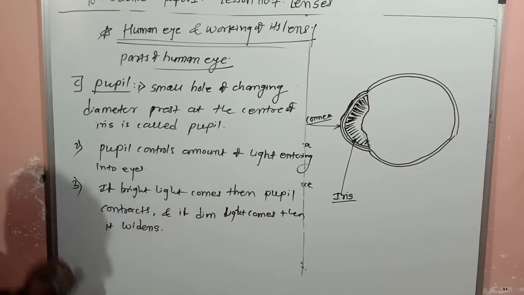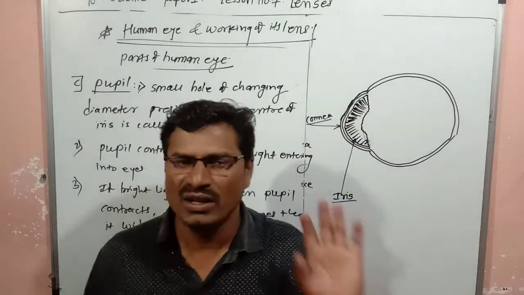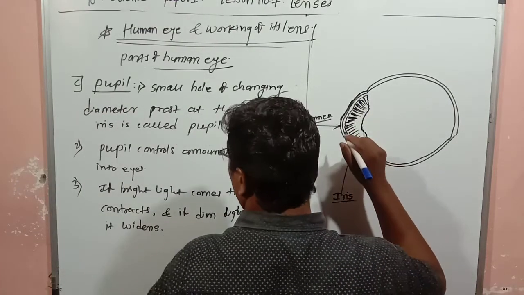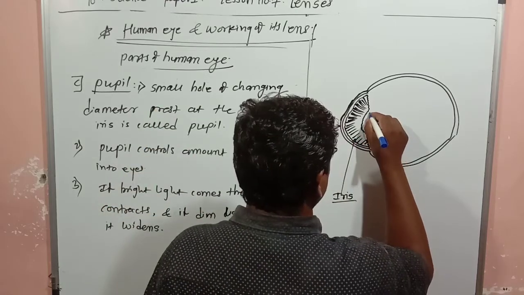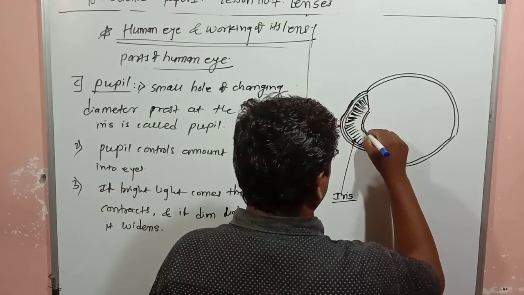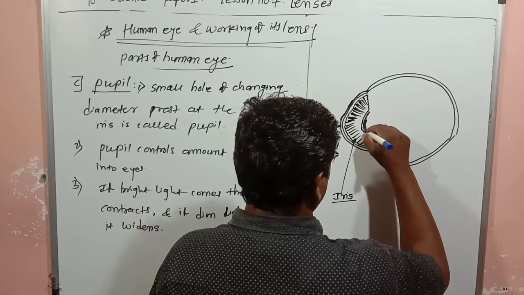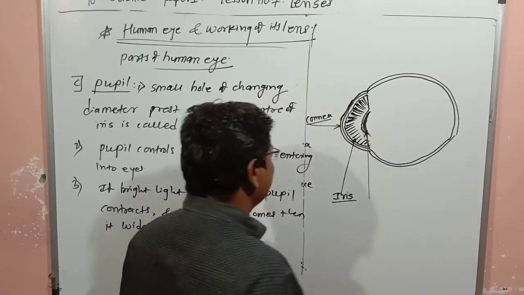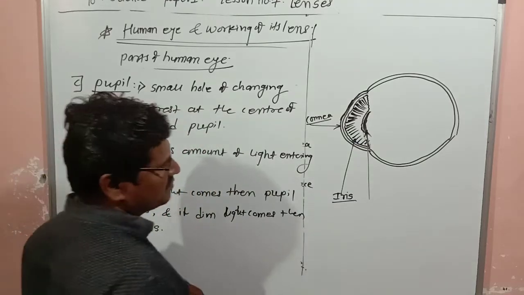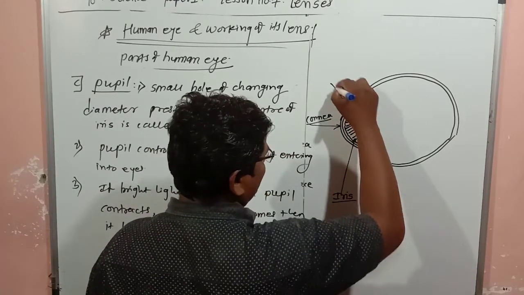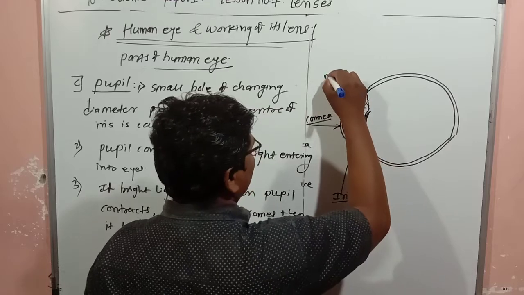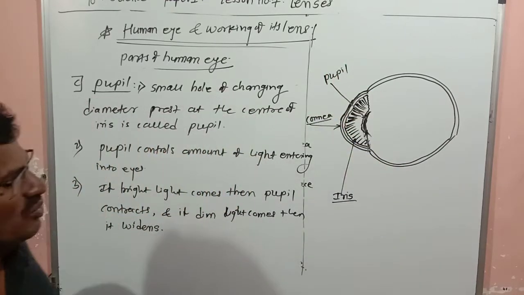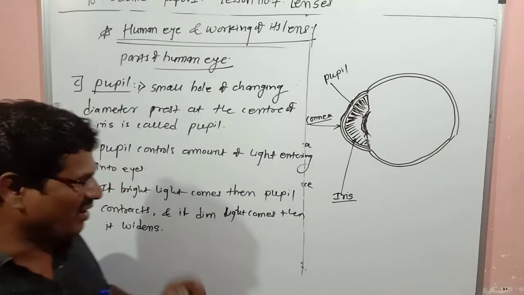Widens means becomes broad, extended. So it is a small hole, this one will be there, and you can give it the name pupil, or from the front side also. It controls the amount of light entering into the eye.